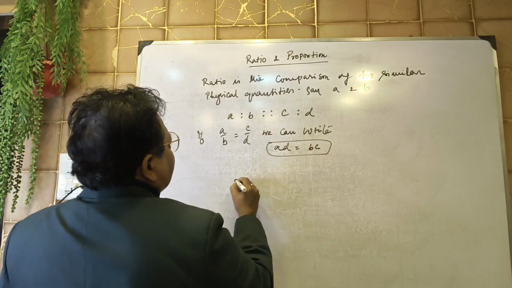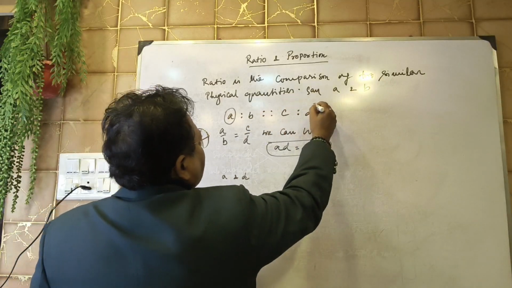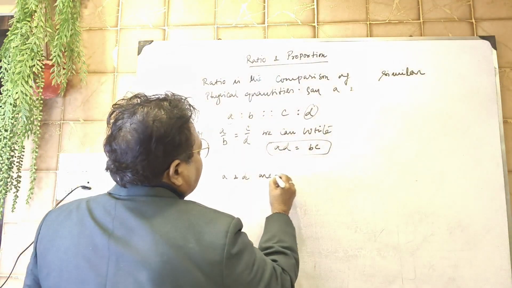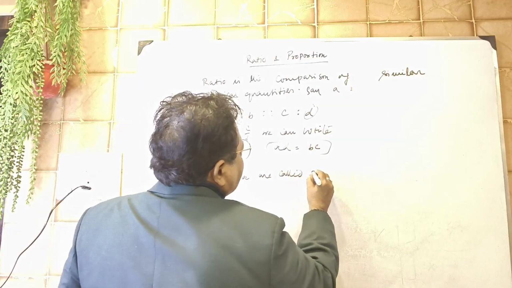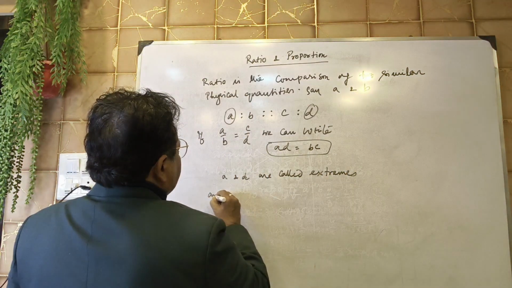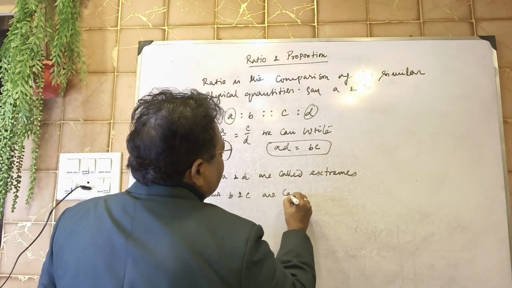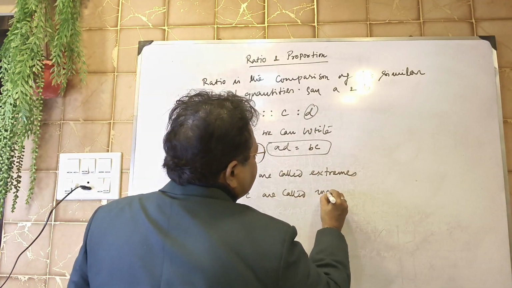Here A and D, these two numbers, are called extremes, and B and C are called means.